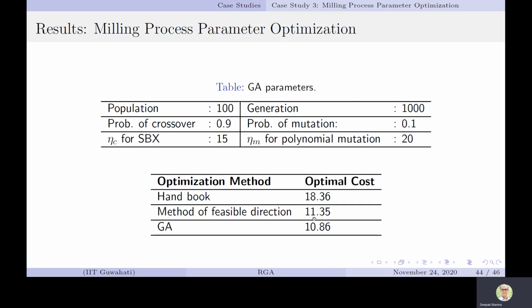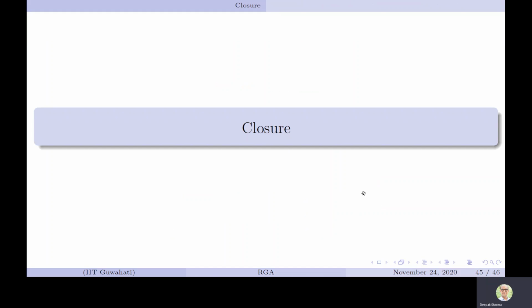It found the optimal solution with the optimal cost 11.35. But the genetic algorithm gave us 10.86. So you remember that we said that for genetic algorithm, we do not have a proof. But in the literature, genetic algorithm has been used for many real world problems, and we found that it is an effective algorithm to find the best known solution for the given problem, as is also evident from the current example.